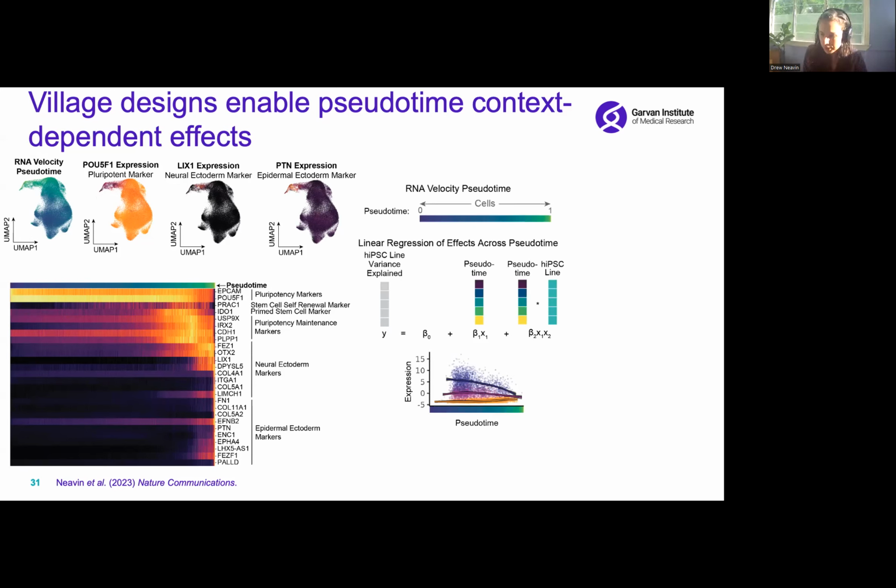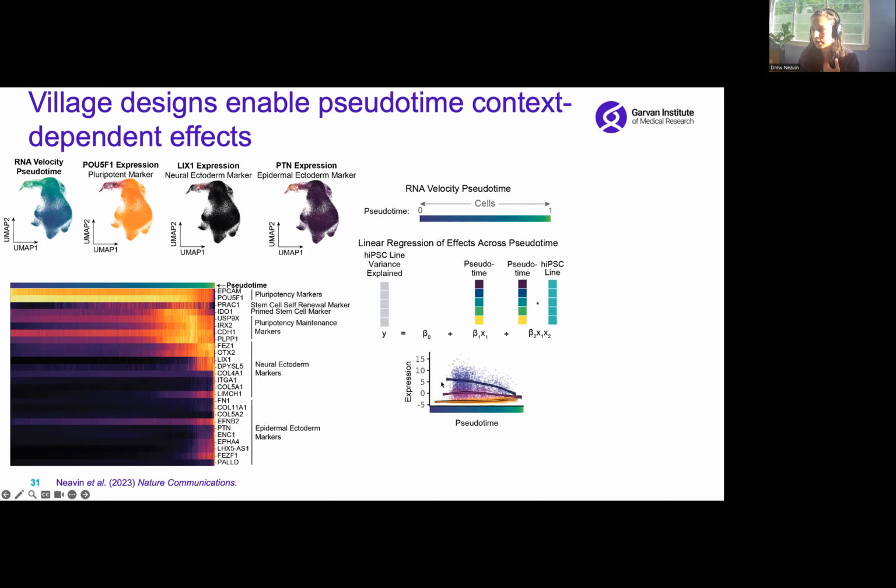And so similar to how we looked at the variance that could be explained by different covariates in our model, we also wanted to see how much of the variance could be explained by this pseudotime. And so we can fit pseudotime as effectively a continuous variable here. So we can see how the variation in gene expression is changing across the pseudotime and look at its interaction with cell lines.